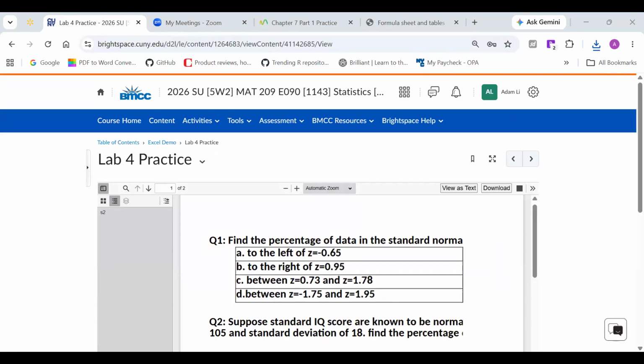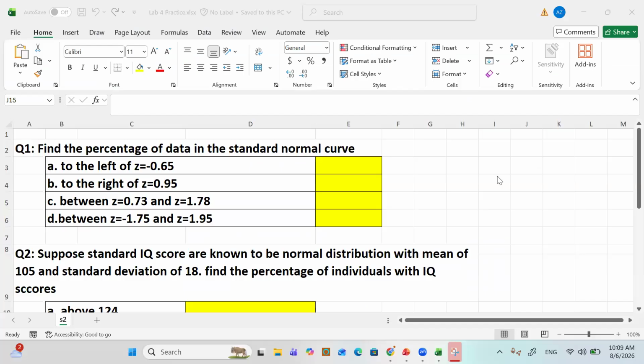So this one is just applying what we learned in chapter 6 about the normal distribution and the central limit theorem to solve some problems.